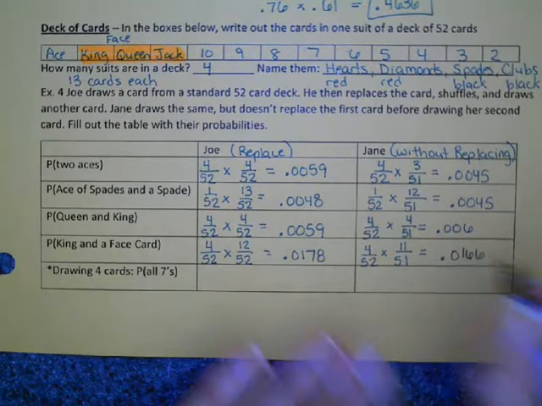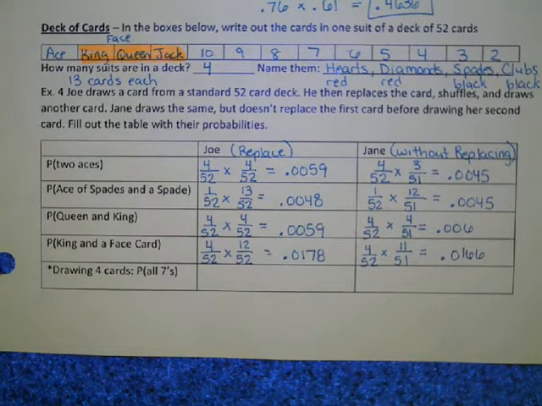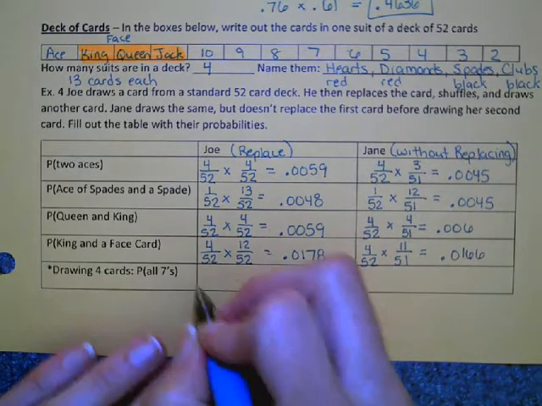Last one, all of these we're drawing two cards, a king and a queen, a face card and a king, a spade or whatever. The last one we're drawing 4 cards this time, and I want the probability that all of them are 7. So Joe here, he's a real nice guy, he puts them all back.